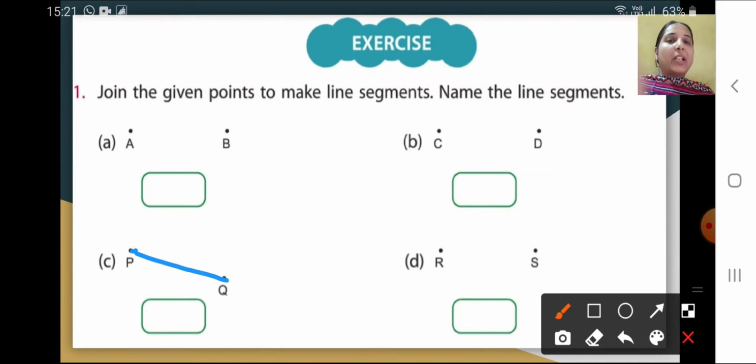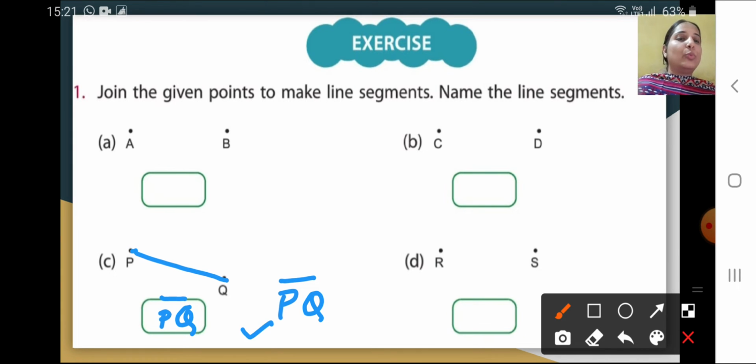And how we will name it now? We will write PQ first and then just a small bar above that. Like this, PQ and a bar above that. Okay. So this is line segment PQ.